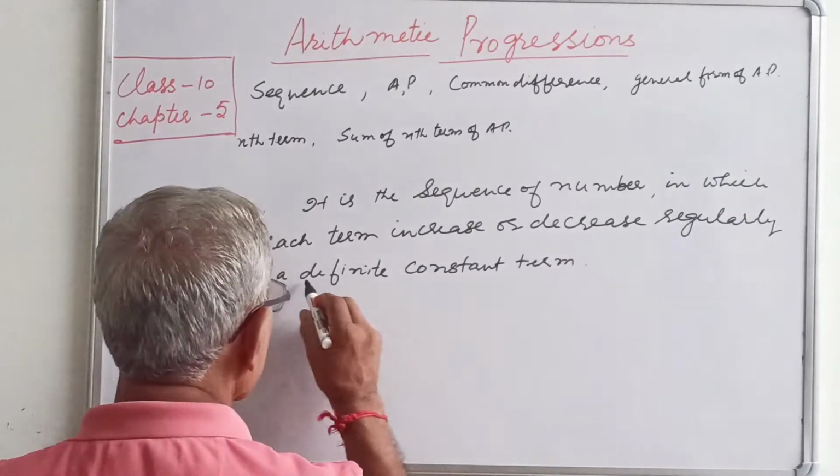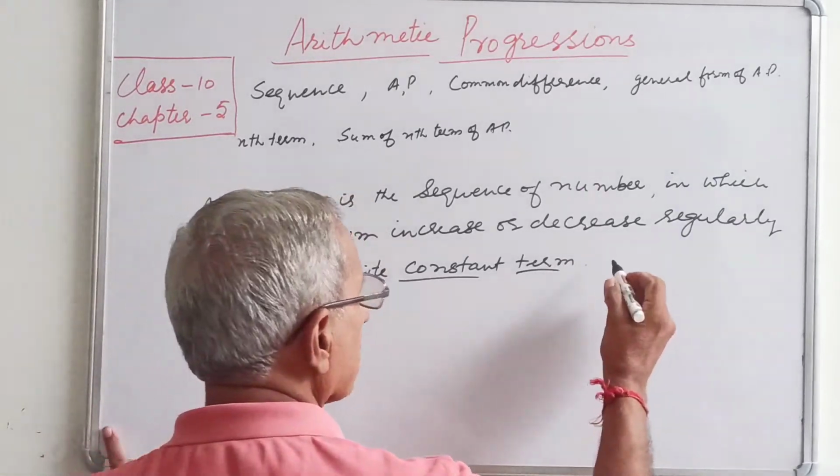So this constant term or number is called the common difference.